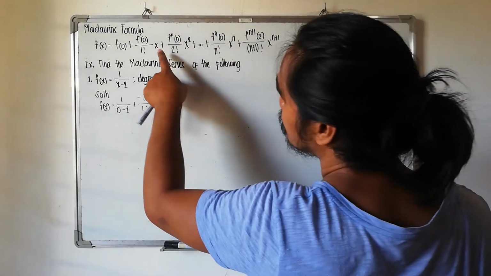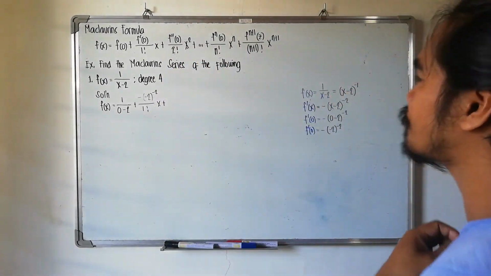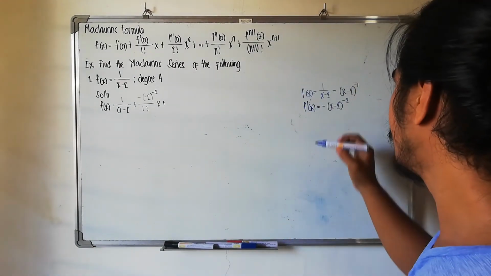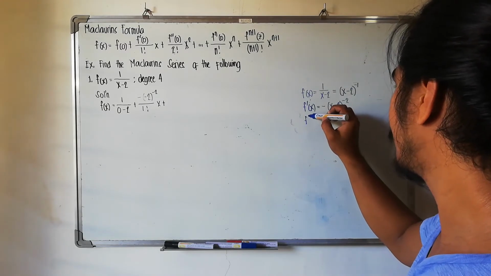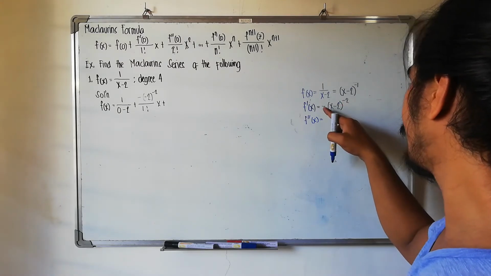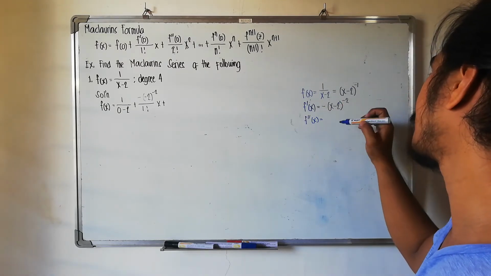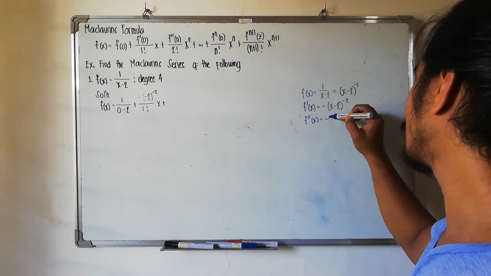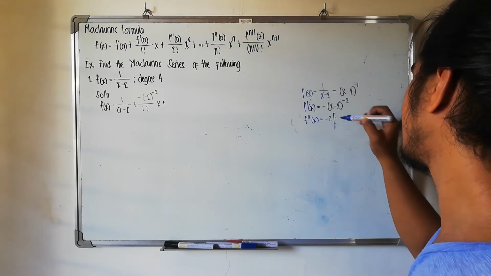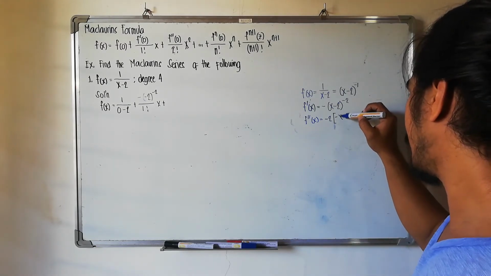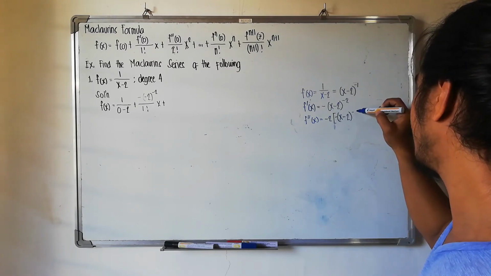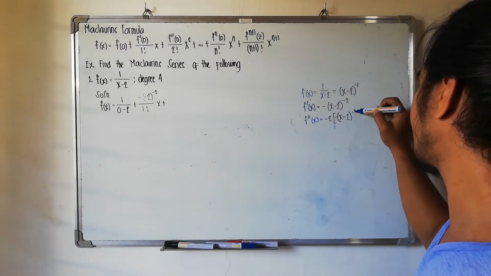For the third term, or the second derivative of your function, let's find the second derivative. That is f double prime of x is equal to the derivative of negative x minus 2 quantity raised to negative 2. So that is negative 2 times negative x minus 2 quantity raised to negative 2 minus 1. So that is negative 3.